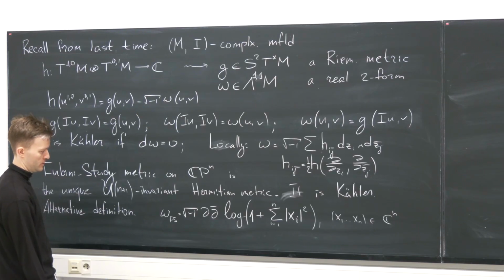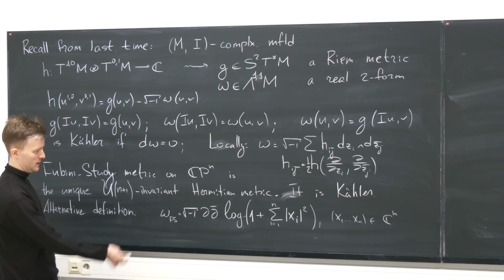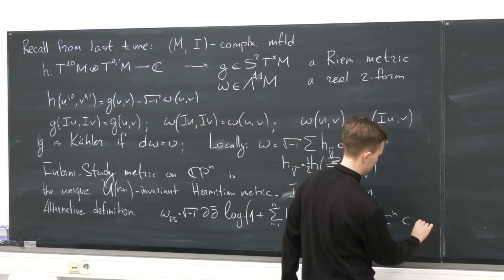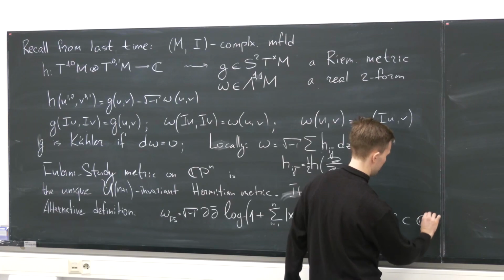It's a (1,1)-form, and you can check that it's positive. And this C^n we view as an affine open subset in CP^n.